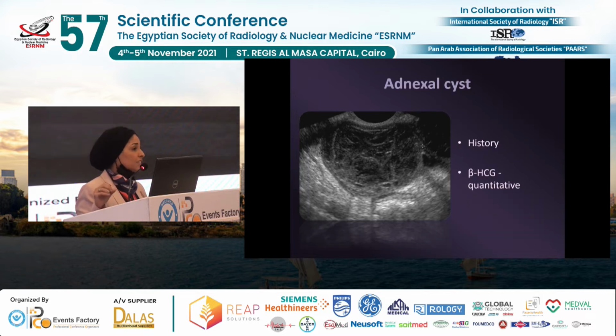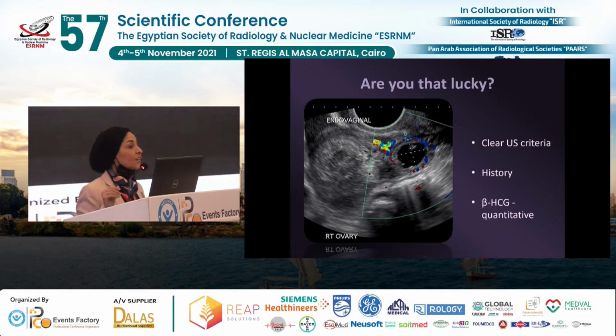If your female is in her fertile years, you have to exclude ectopic pregnancy, because not all ectopic pregnancies would come with the classical sign of seeing the fetal pole inside the cyst, and with an empty uterine cavity.